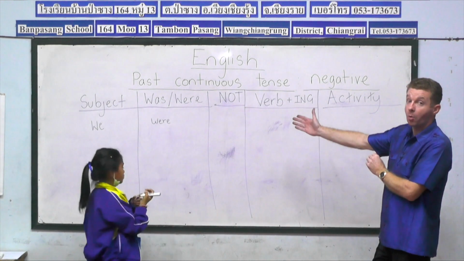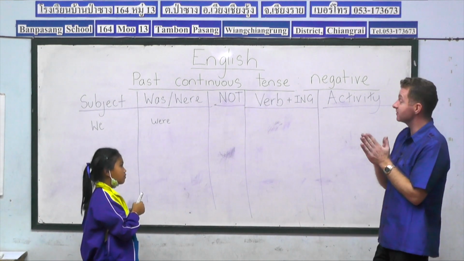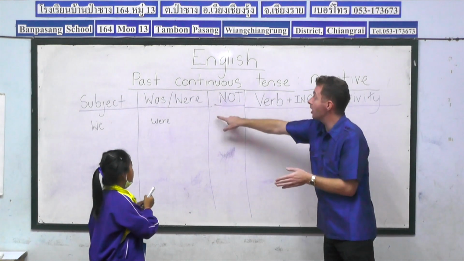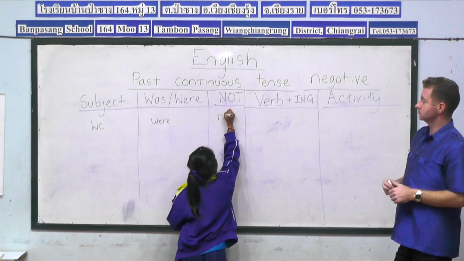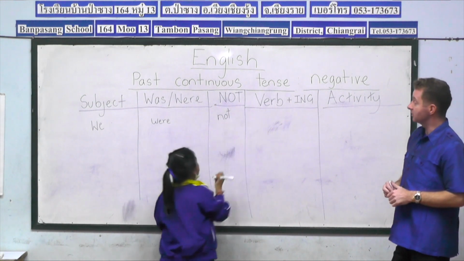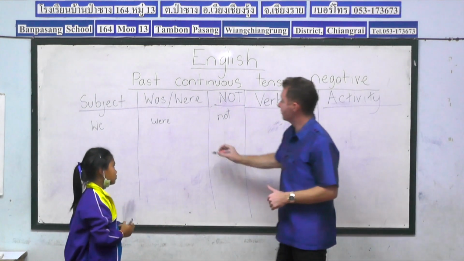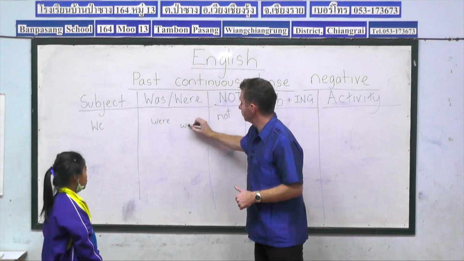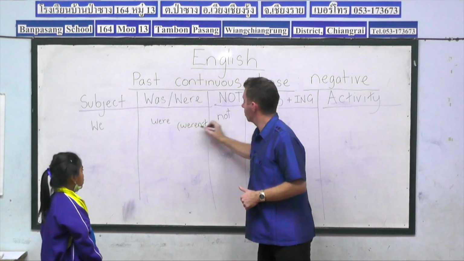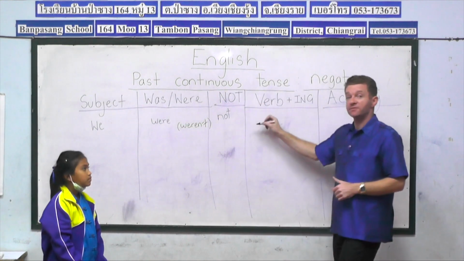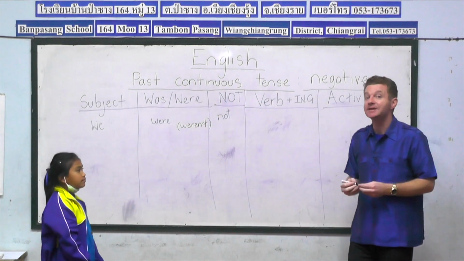And then we know what word comes next for the negative sentences. We were not. Excellent. So what we've got, we were not, or we could use the contraction, remember? Weren't. We were not and we weren't is exactly the same.